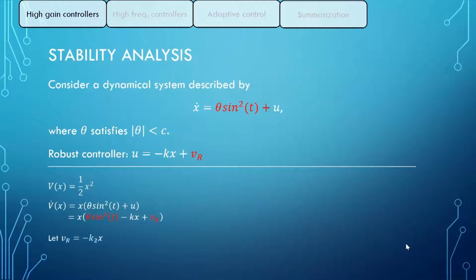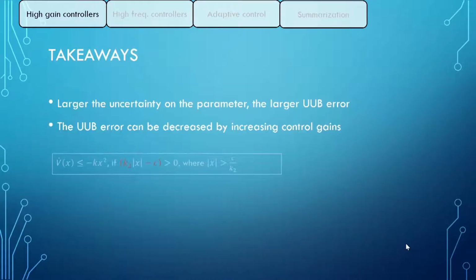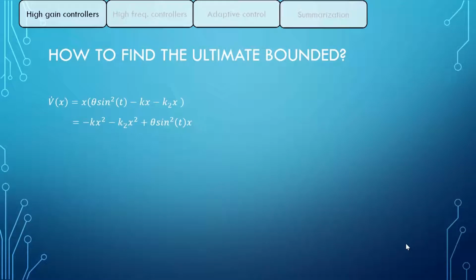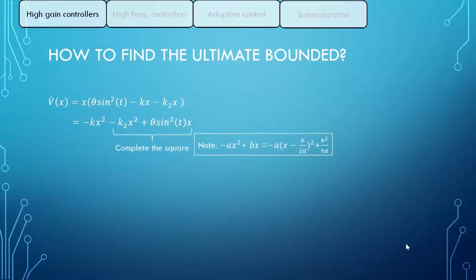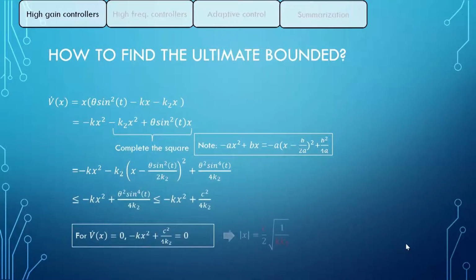And in the end, the answer comes from doing some analysis, okay? Remember this control structure: use a high gain control, and after a sequence of analysis, which is completing the square, find the worst case, and you can compute that x will eventually converge to this value.